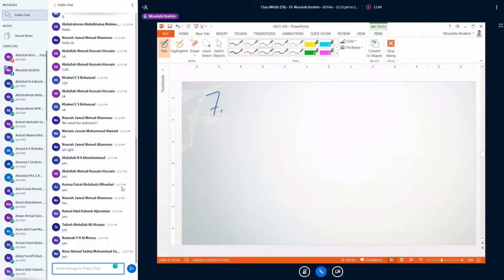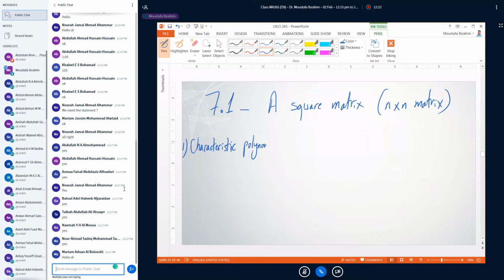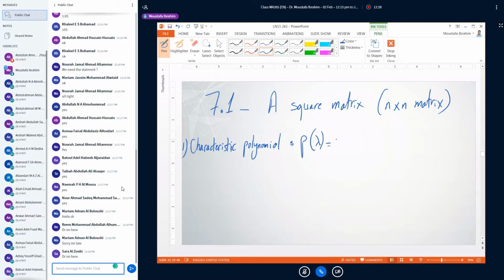In section 7.1, we have seen if we have a square matrix n by n, we have seen how to find the characteristic polynomial. The characteristic polynomial is p(lambda) equal to determinant of lambda I minus A.